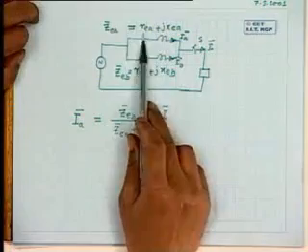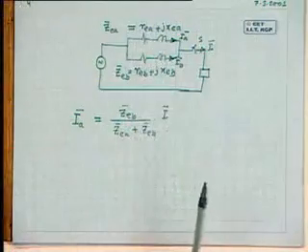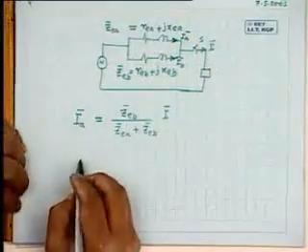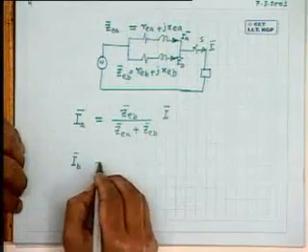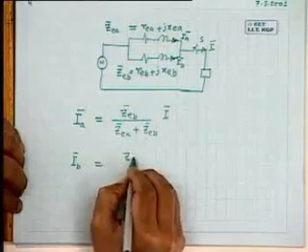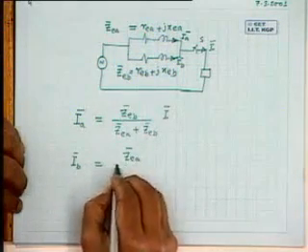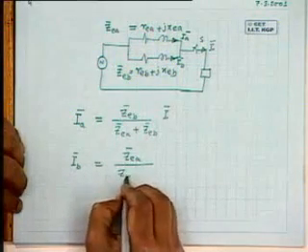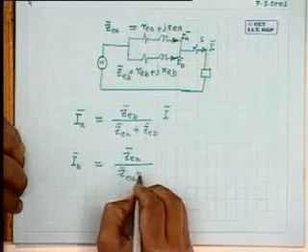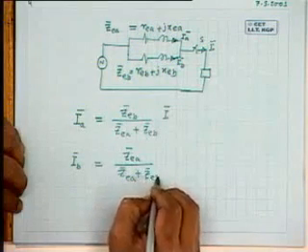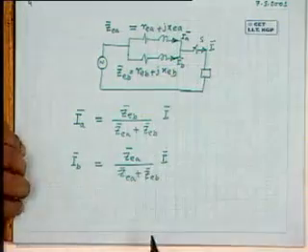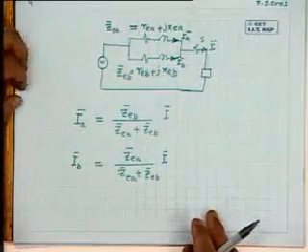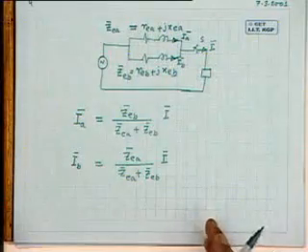This is how the current in this path of the circuit will flow. Similarly, IB bar will be equal to ZEA bar divided by the sum of the impedances, into the total current. So in terms of the total current, this can be found out.